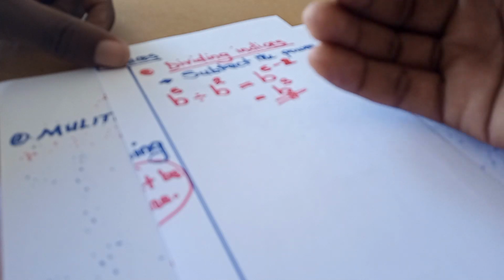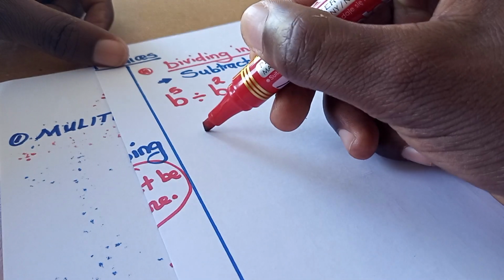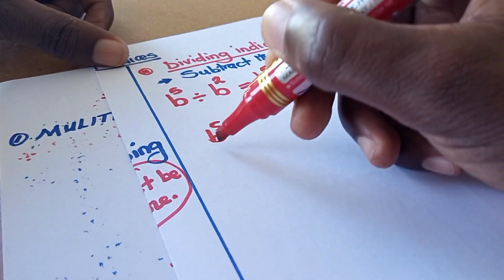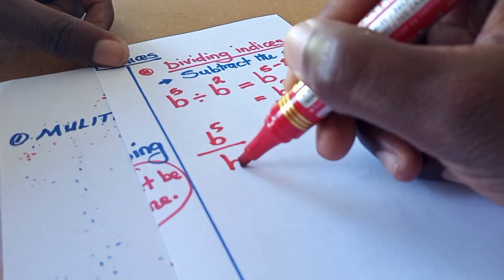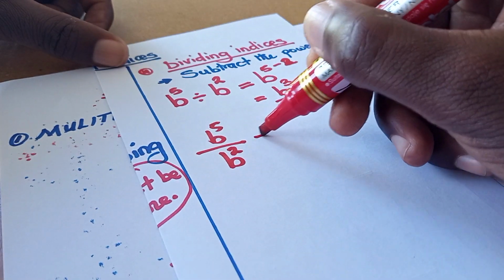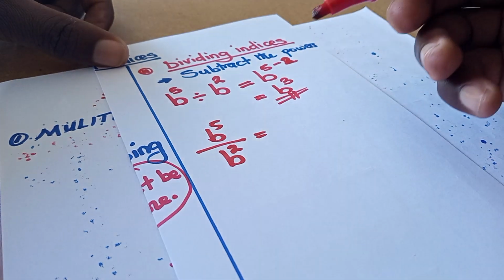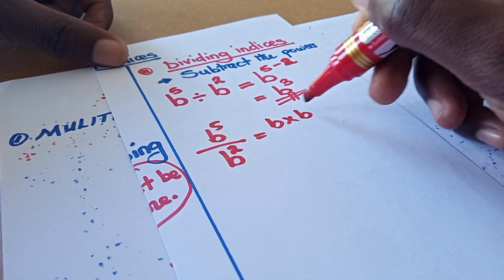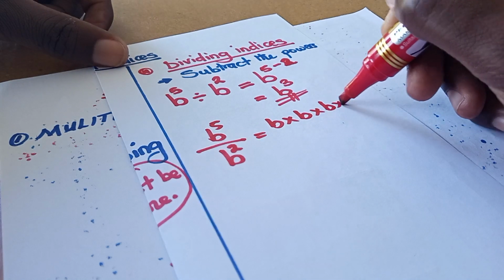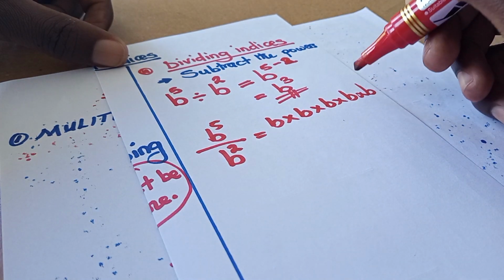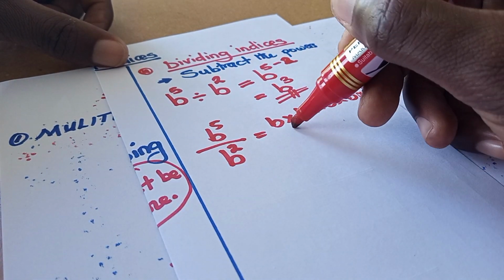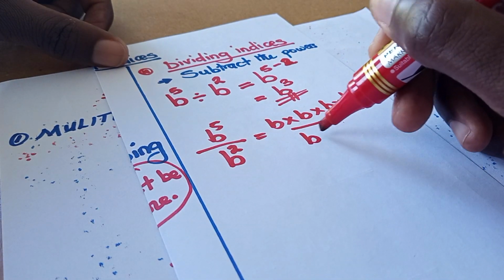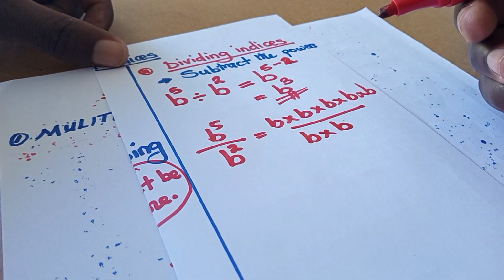So in other words, what this means is b to the power of 5 divided by b to the power of 2. We can expand this. This means b multiplied by itself 5 times, 1, 2, 3, 4, 5, over b multiplied by itself 2 times.